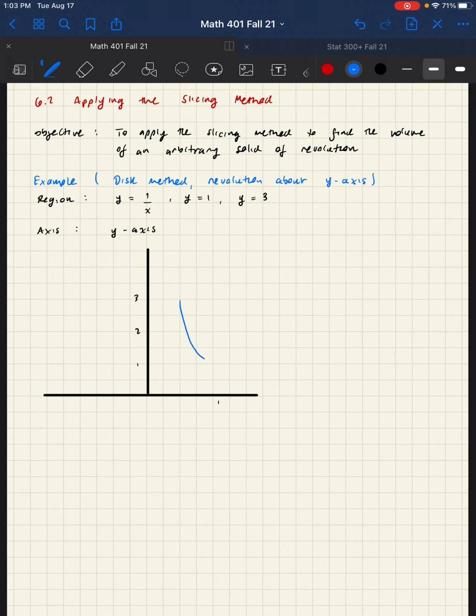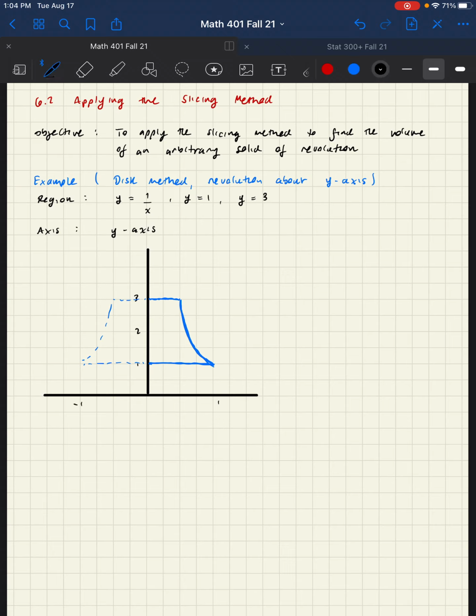Then our curve is going to look like this, roughly. Okay, so that's our y equals 1 over x. And y equals 3, and y equals 1 is here. So the region bounded between those two curves, and we're rotating that about the y-axis.